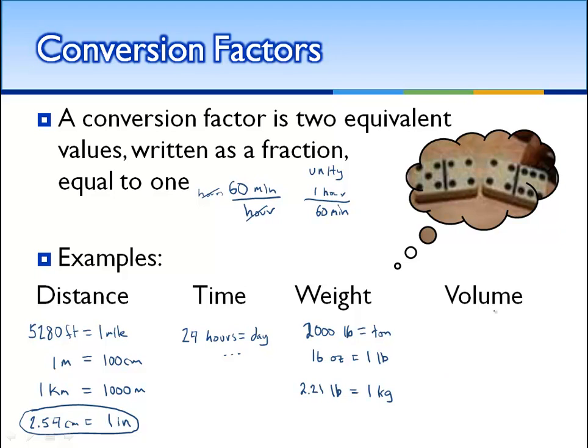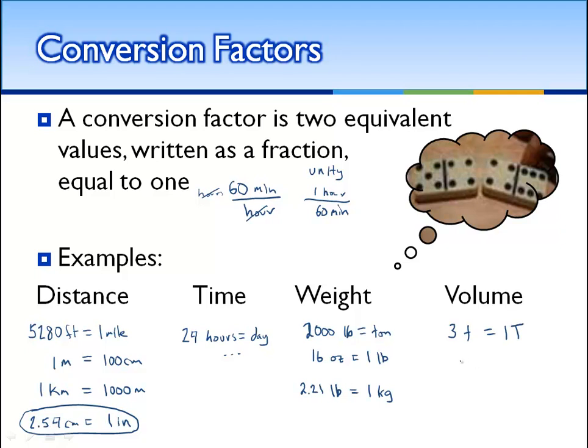And then volume, and I don't mean how loud something is, but volume is how much space something takes up. And these are things like teaspoons or cups or things like that. So there is, say, 3 teaspoons in every tablespoon.